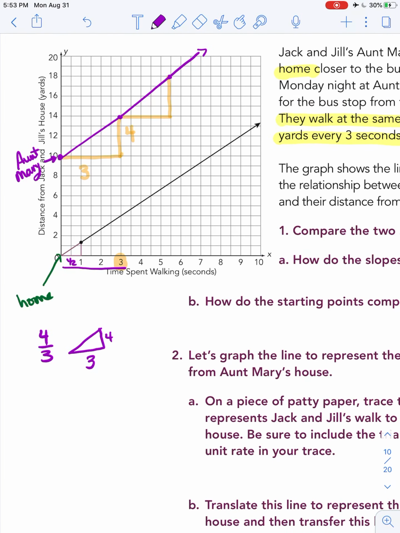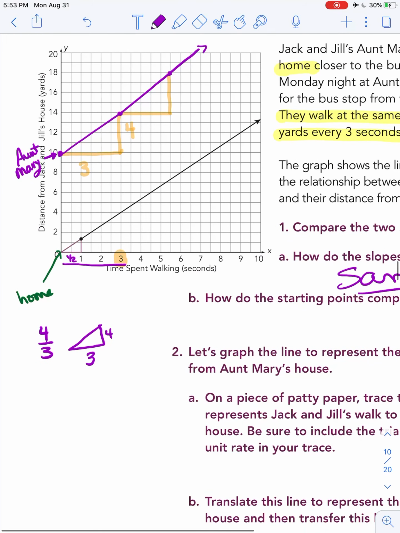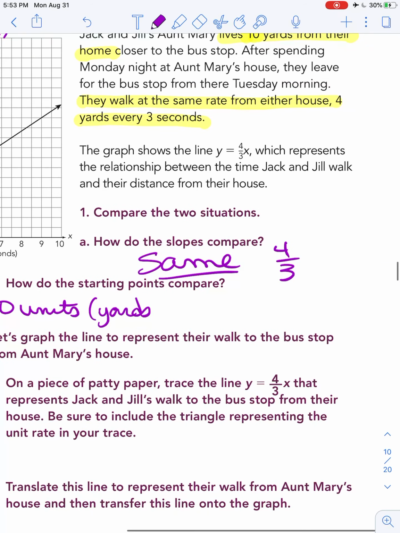Their rate of change, how do the slopes compare? They're exactly the same. They're both 4/3. But the starting point for the second line is actually 10 units, or yards, above the origin.